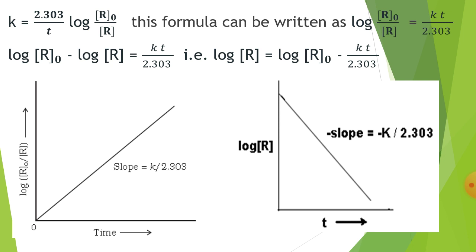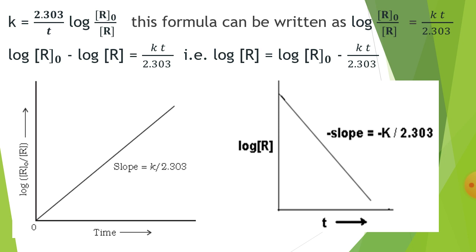Now dear students, again we can draw some graphs. As we know that K equal to 2.303 divided by t log R naught by R, this formula can be written as log R naught by R equal to Kt divided by 2.303.